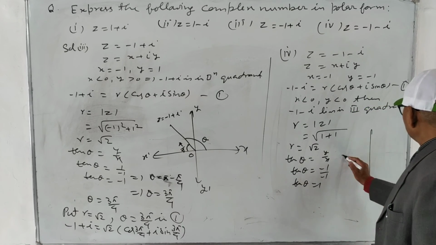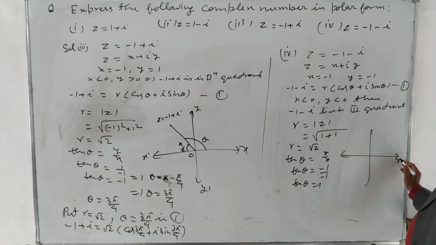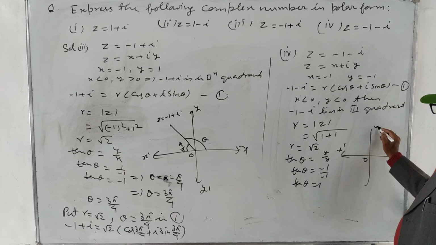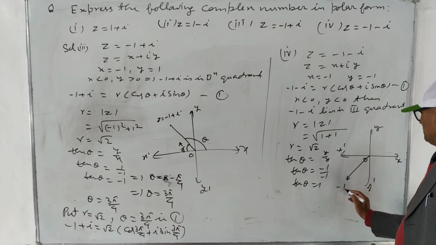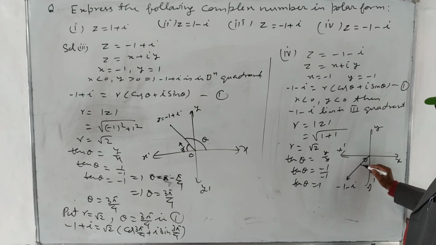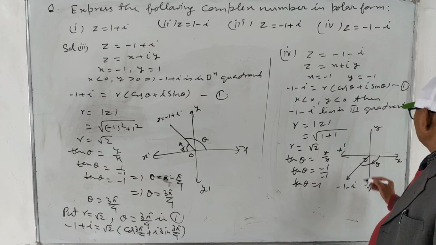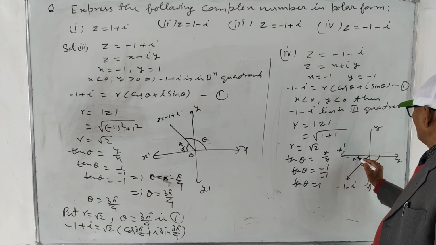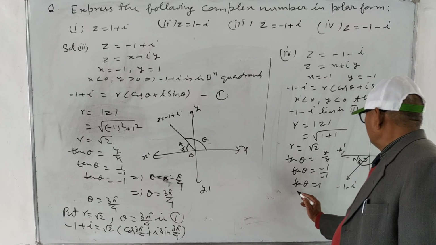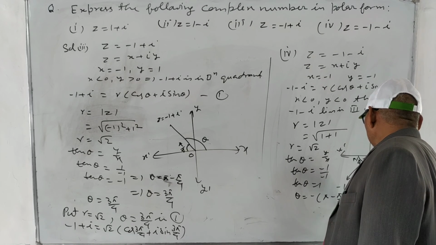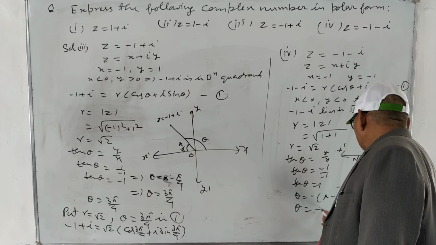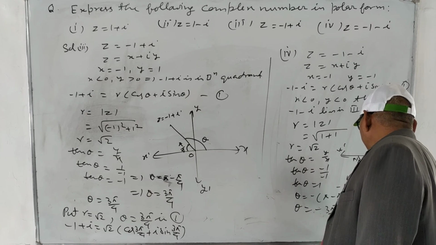So now you can see, this is XOX dash, YOY dash, this is in the third quadrant. Minus 1 minus i is in the third quadrant, so your angle theta is this, and this angle is pi by 4, so your theta is equal to minus pi minus pi by 4. So theta is equal to minus 3 pi by 4.